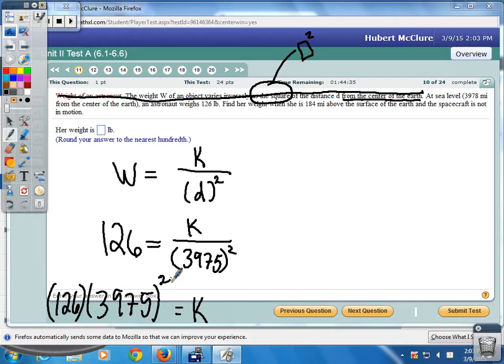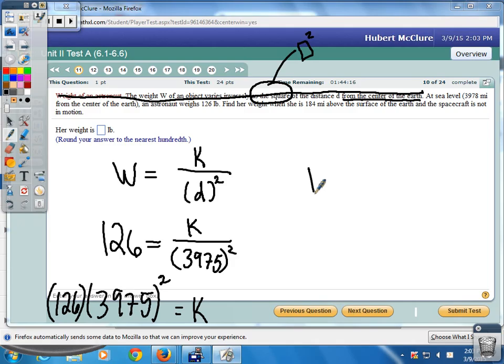Now it says, find her weight when she is what? Which is this plus what? This. So D is going to be this plus this.